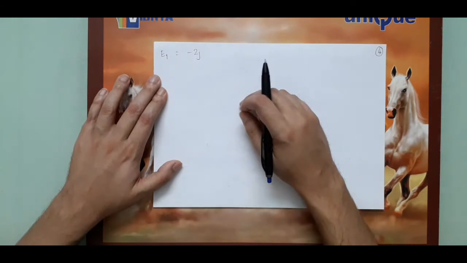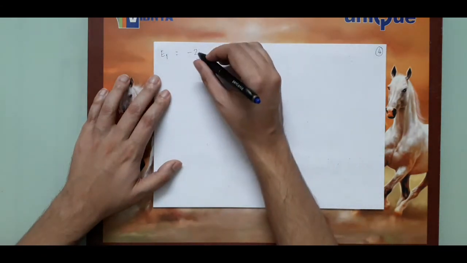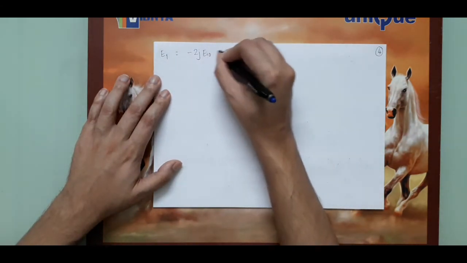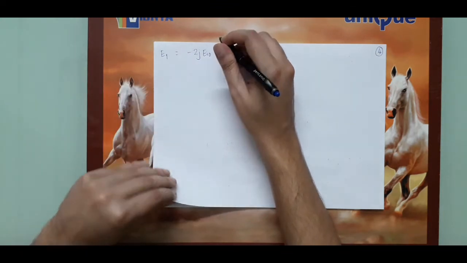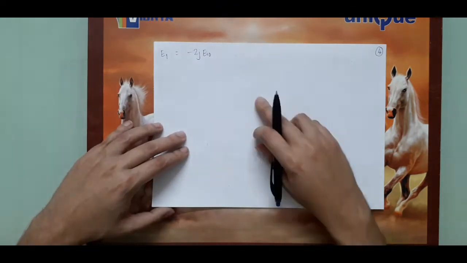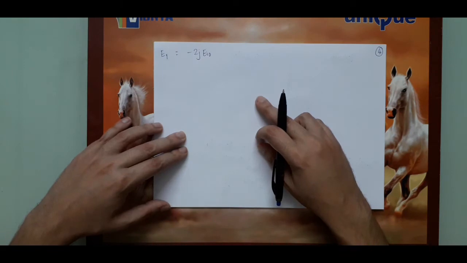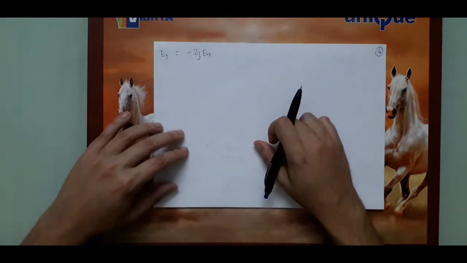This 2j will come because of the sine, and the minus will also come because it is e raised to minus j theta minus e raised to j theta.